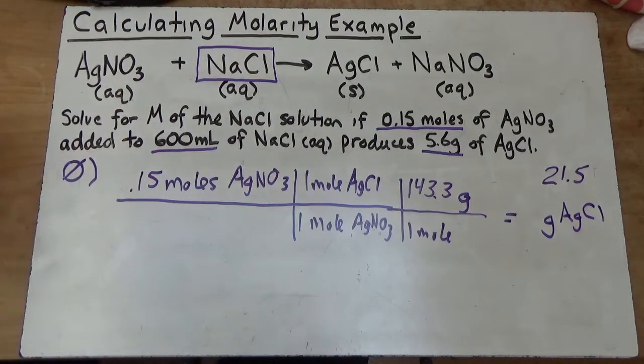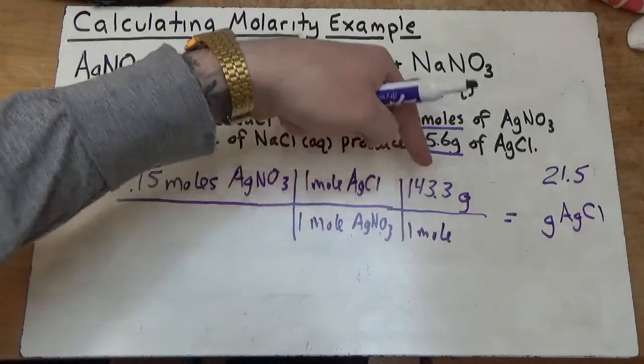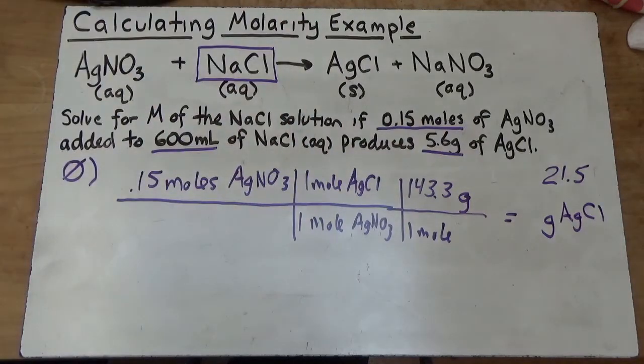You can pause your video now to try to figure out why that is true if you don't understand. Once you do accept that NaCl is limiting, then we can use what we know about what we produced to go back and find out how many moles of sodium chloride there must have been.